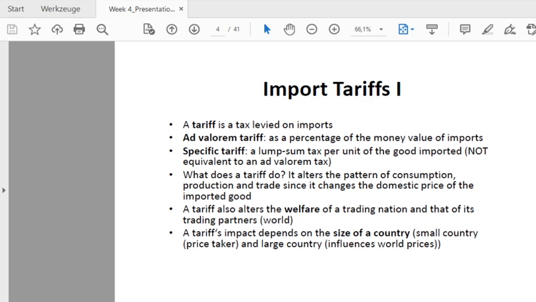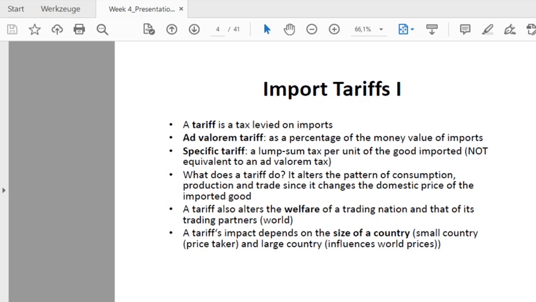Well, a tariff is a tax levied on imports. And tariffs can be of two kinds. We have ad valorem tariffs and specific tariffs. Ad valorem tariffs are defined as a percentage of the money value of imports.